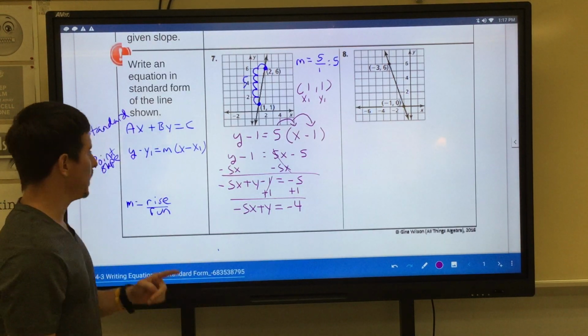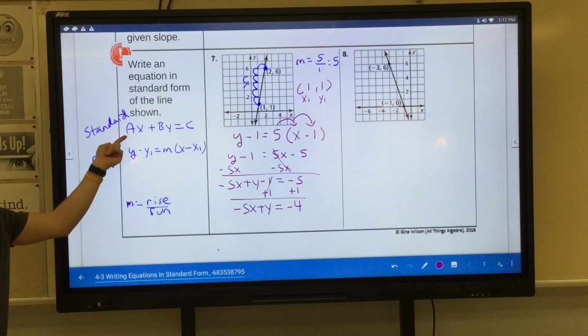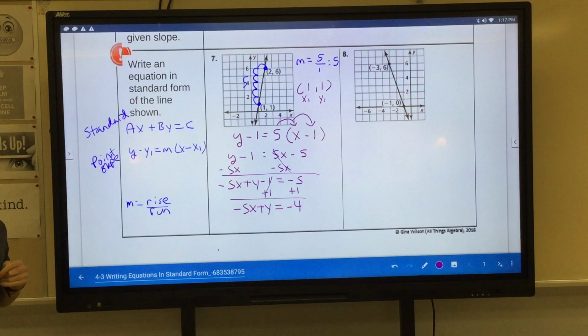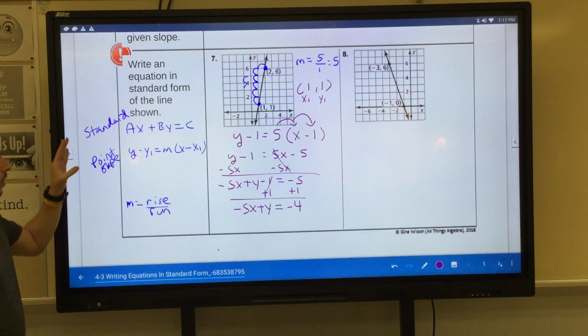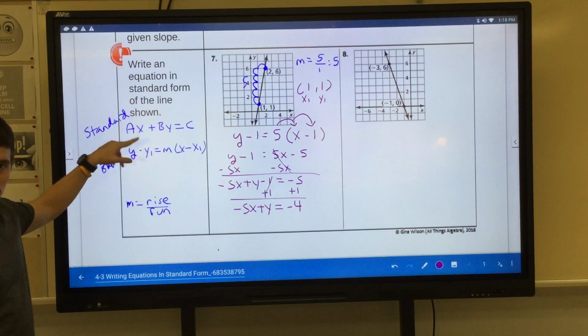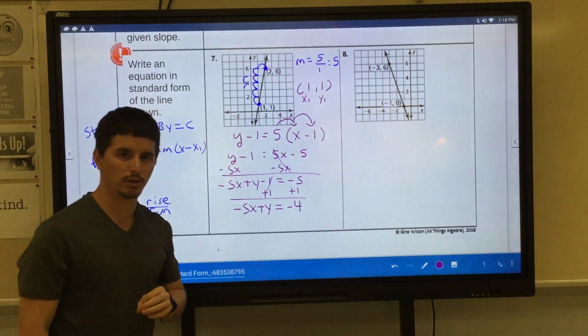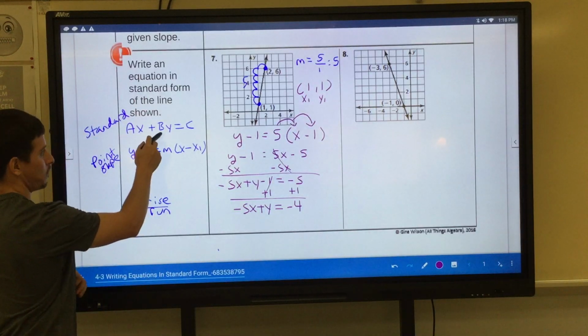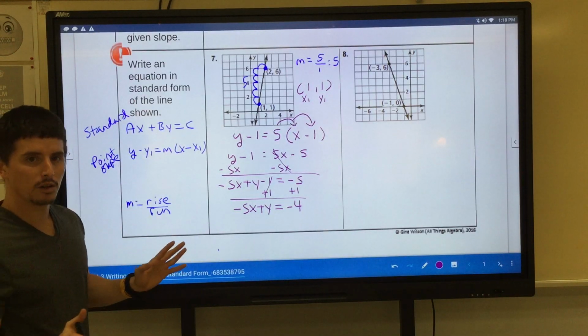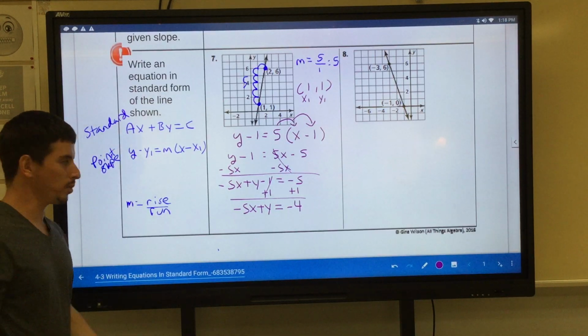Now, rule of thumb, in the standard form, notice within the formula, in front of this x, that's a positive a. In order for us to finish this off, the coefficient, which is the number in front of the x, always has to be a positive number. Everything else, like the b and the c, they can be negative. But we cannot have the a be a negative number.